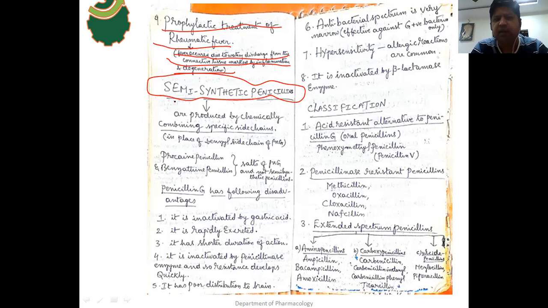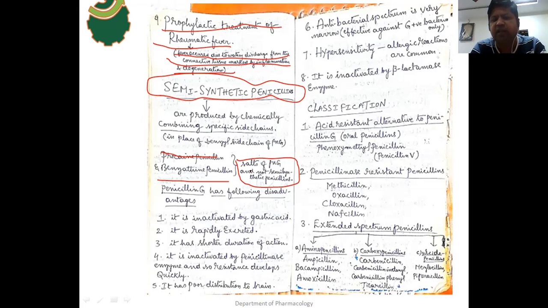Is it clear? I also mentioned procaine penicillin and benzathine penicillin are salts of penicillin G. Please don't confuse them. They are long-acting penicillins, not semi-synthetic penicillins. You are not changing the structure of penicillin.